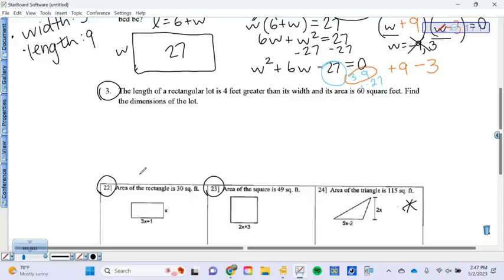Enter. Five? Yeah. So then I have to do the math? Yeah. So is it 5 and?